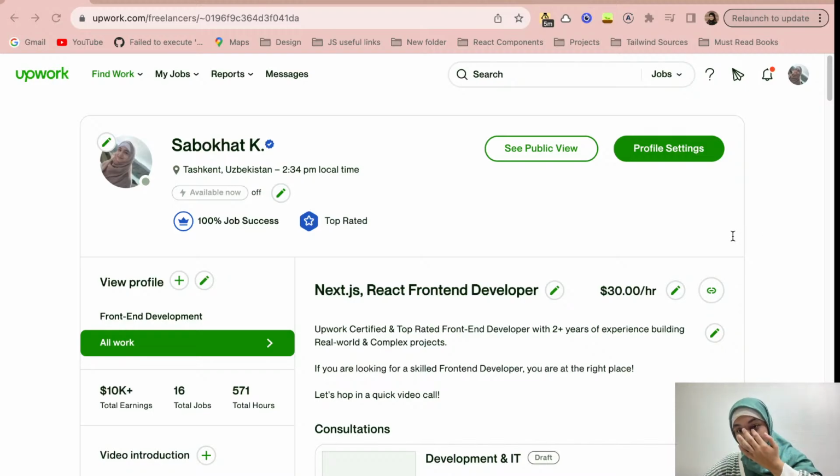How to increase profile views? I got only 5 to 10 views since 2023. Okay, profile views is a statistic that shows how many people visited your profile within the last week, month, and year. It automatically increases when you start being active on Upwork.